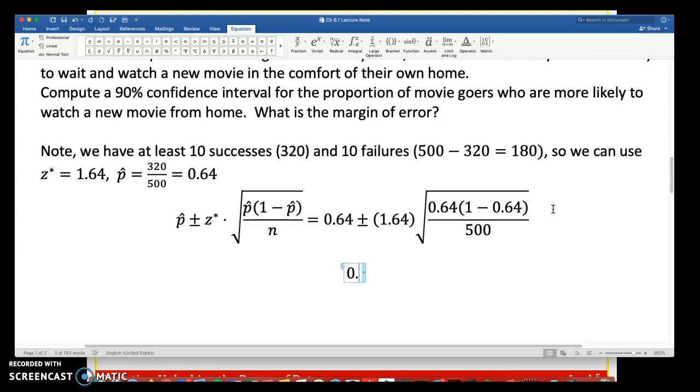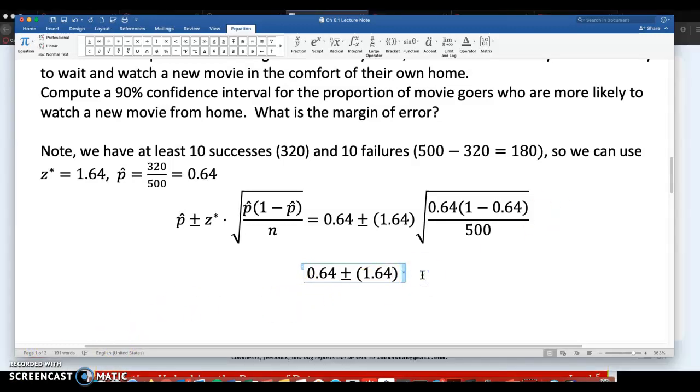So this becomes 0.64 plus or minus. If I were to throw the standard error formula, the square root of 0.64 times 1 minus 0.64 over 500, into my calculator, the standard error would be 0.021.